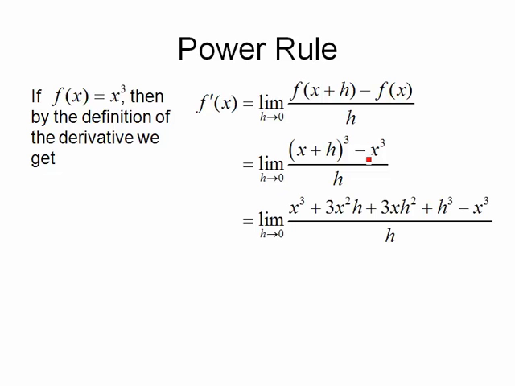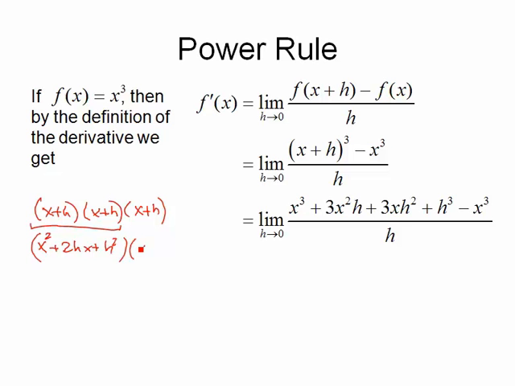So if I do x plus h times x plus h times x plus h, that's what x plus h cubed means. When I go ahead and FOIL these first two out, I get x squared plus 2hx plus h squared, and then I have to multiply that by x plus h.